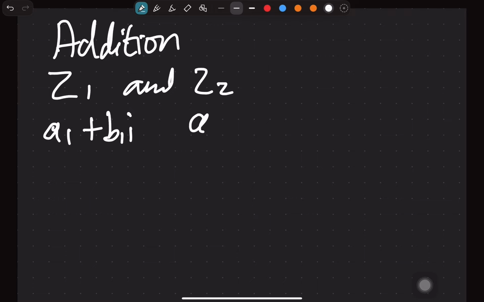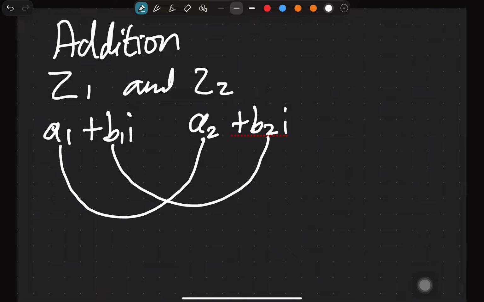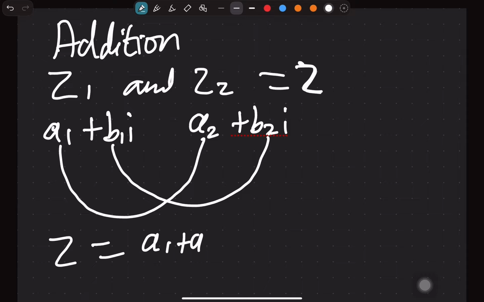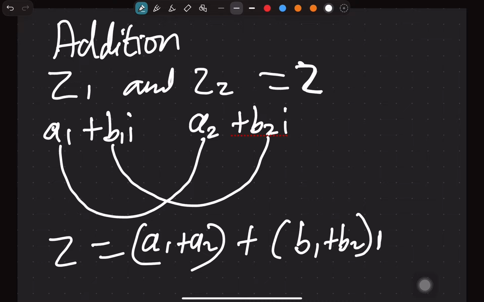The z2 also has its real part and its imaginary part. In the addition of two complex numbers, the real components add and the imaginary components add. So a single complex number representing the addition of these two would have a1 plus a2, then plus b1 plus b2, then the i, where this is the real part and this is the imaginary part.